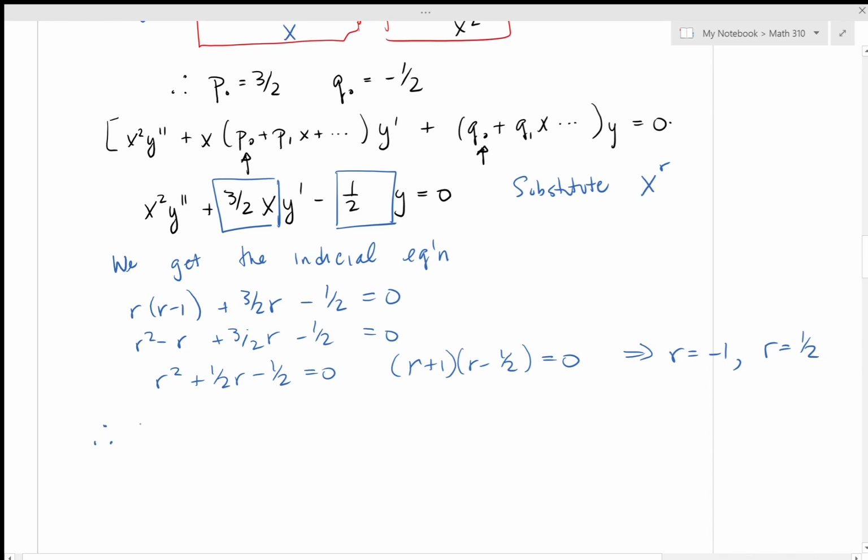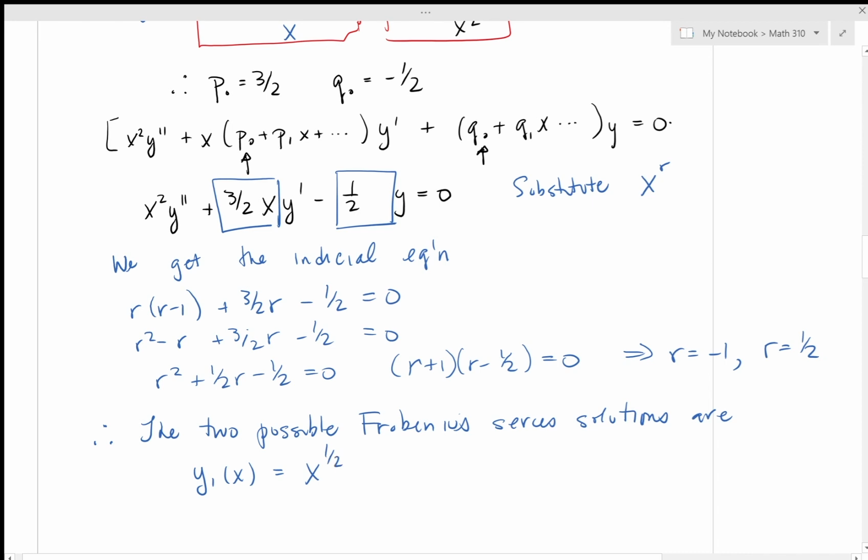So the two possible Frobenius series solutions are y1 of x equals x to the 1/2, corresponding to the r equals 1/2 possibility, times the sum from n equals 0 to infinity of an x to the n.